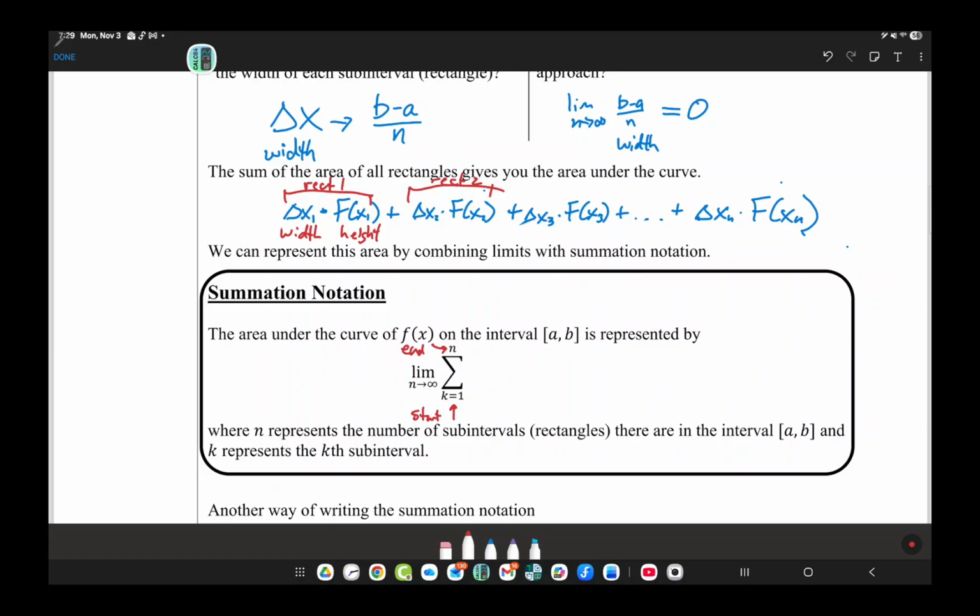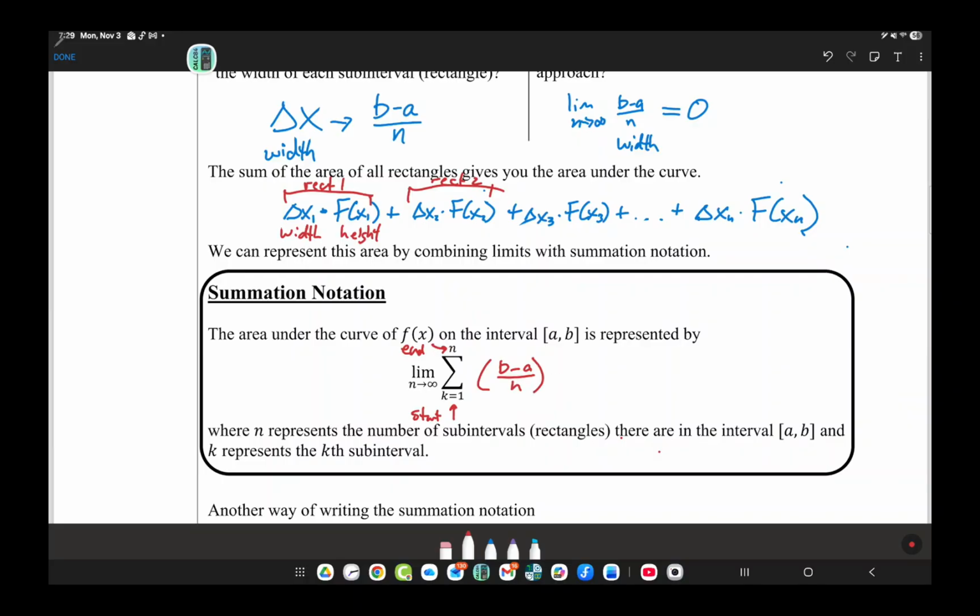Of our function. Now, if you know our function is delta x times f of x, we're going to write this a little differently, because we're going to write what delta x equals. Delta x equals b minus a over n.